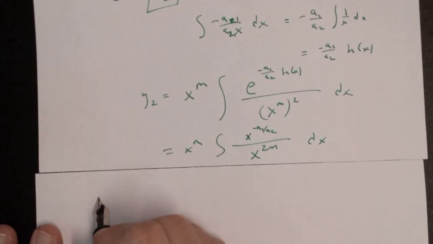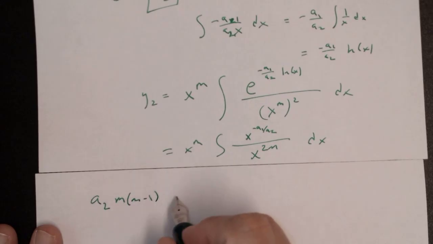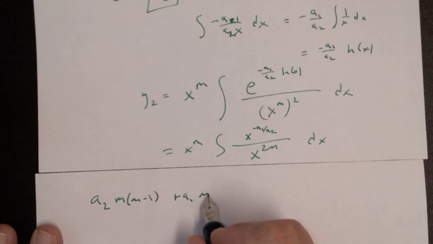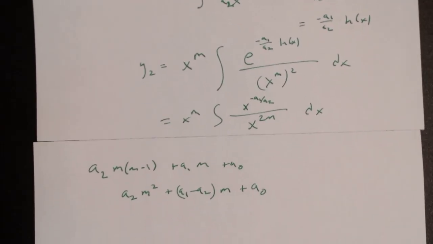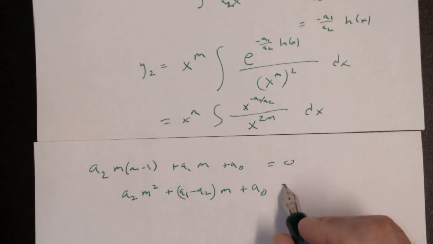The auxiliary equation, a2 m(m minus 1) plus a1 m plus a0, is the same as a2 m squared plus (a1 minus a2) m plus a0. This is a quadratic. We were setting it equal to 0.